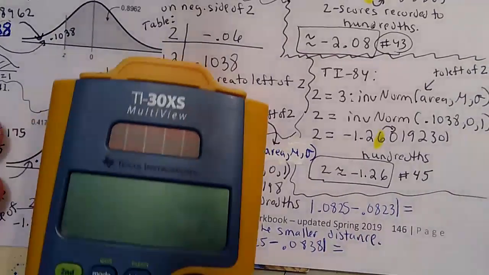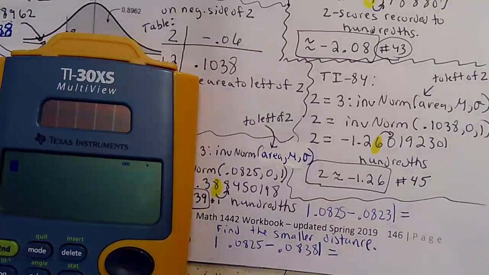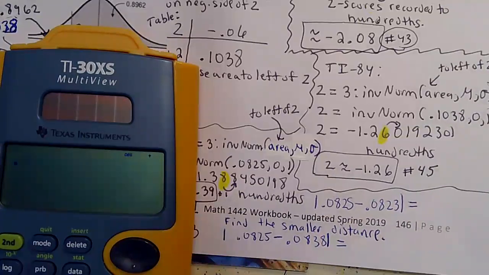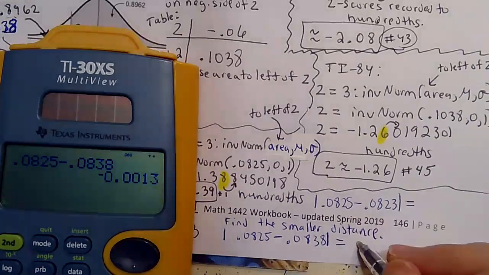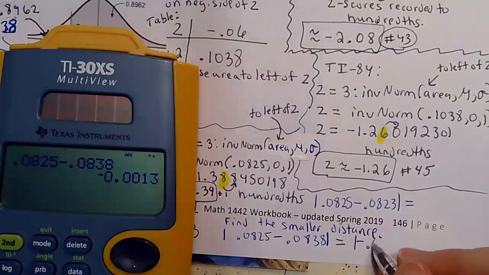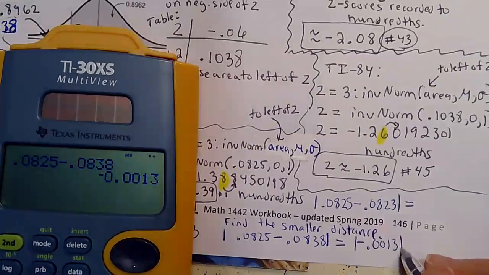And so I'm going to use this calculator. It's easier if you do a basic calculator. 0.0825 minus 0.0838 is a negative 0.0013, which is just 0.0013.